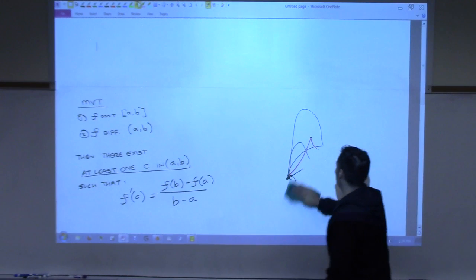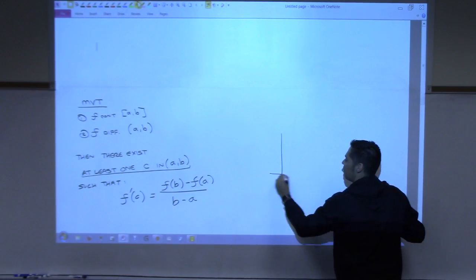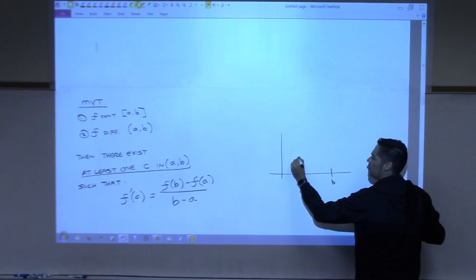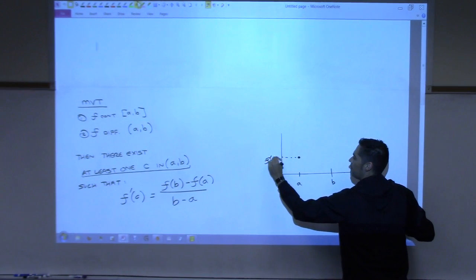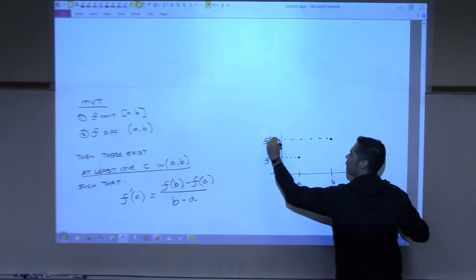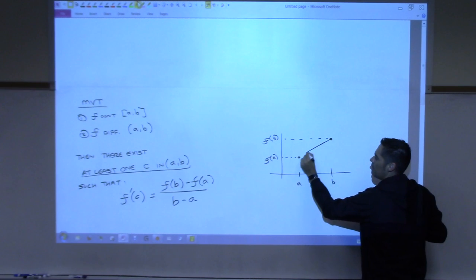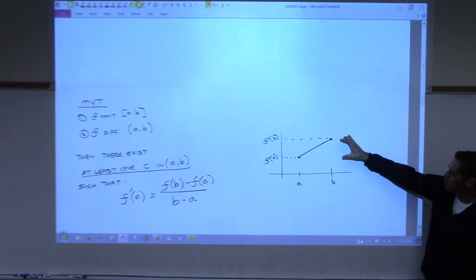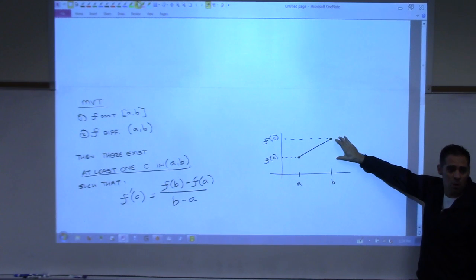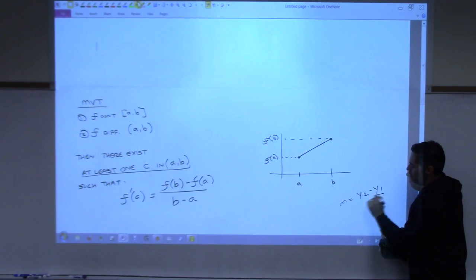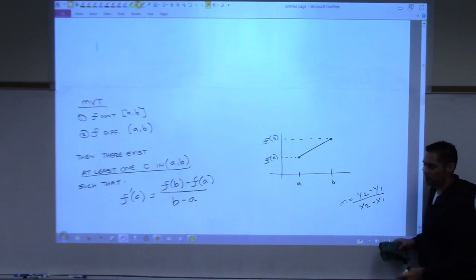Right? Let's see. Where did that come from? Okay, so we said we had a function. Here was a, here was b, right? I plug in, that's f of a. I plug into another point on the function. Here's f of b, right? And then I'm trying to connect them, so I'm trying to find the slope of that line. What's the rise? It's the difference between the y coordinates, right? y2 minus y1. Do I remember that formula way back? y2 minus y1 over x2 minus x1, rise over run.